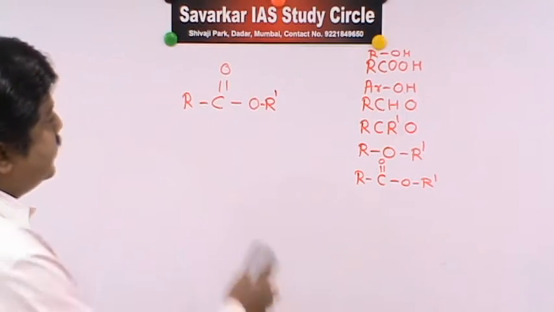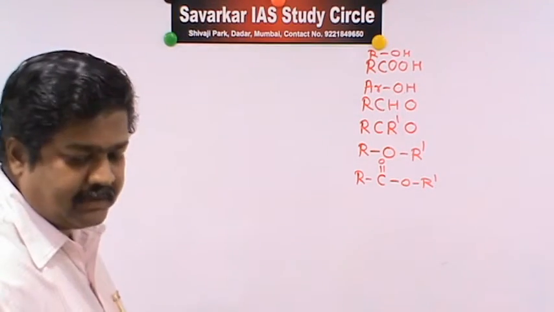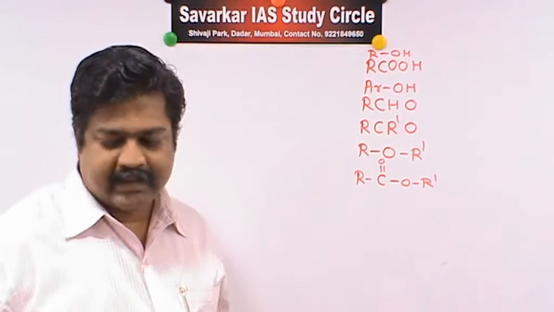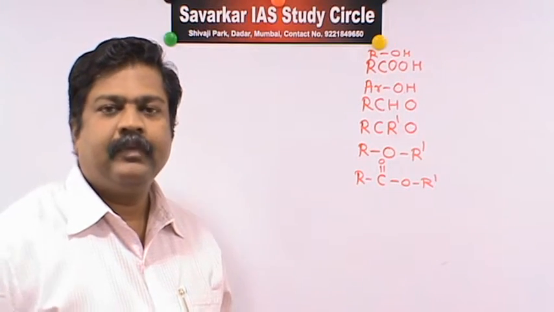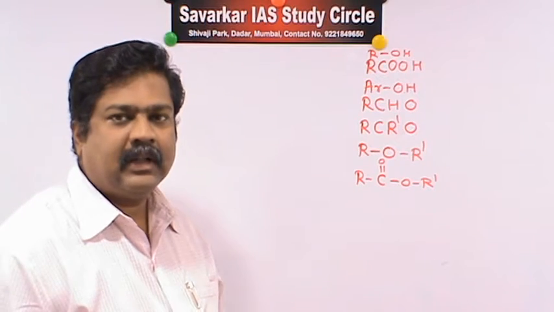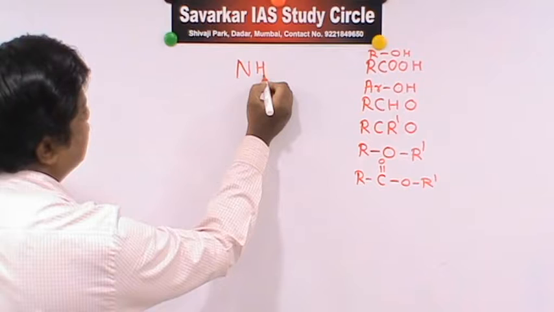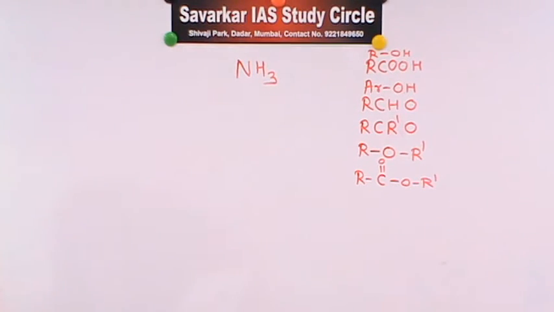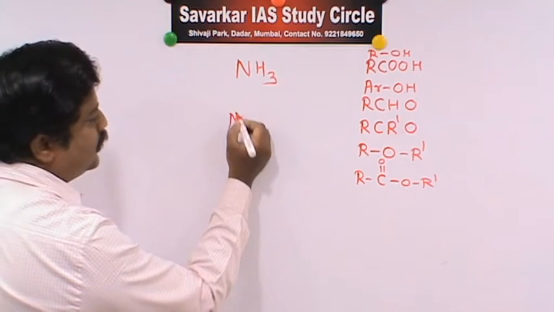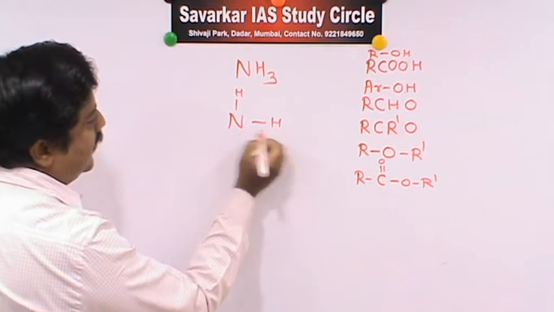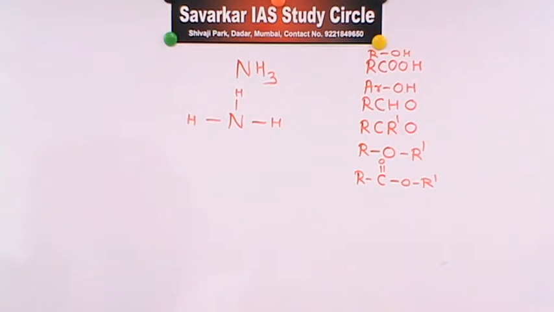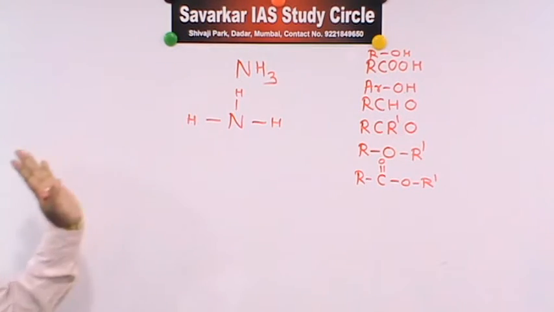Till here we discussed compounds and functional groups with respect to the presence of oxygen. Now I have to introduce another substance which is basically nitrogen based. You are aware that NH3 is called ammonia. In ammonia, nitrogen and 3 hydrogen atoms are attached. This is just a representation; the actual diagram is not like that.